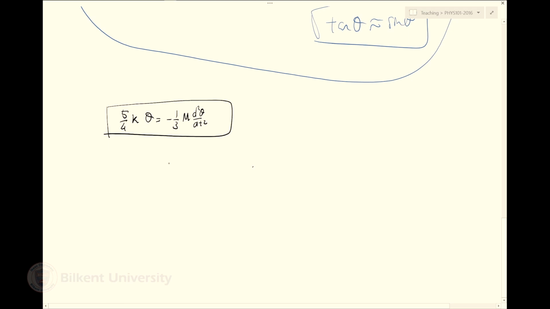Okay, so I'm going to write this in a better form. D square theta dt square is minus 15/4 k over m theta.